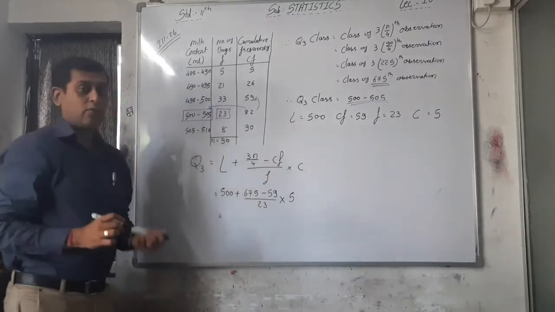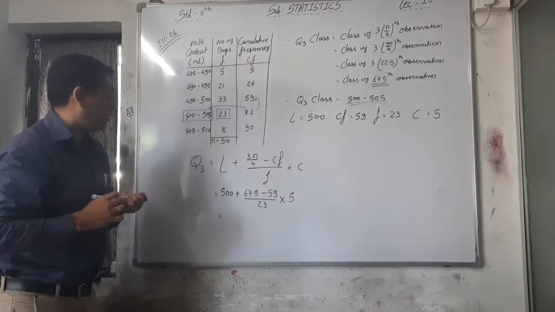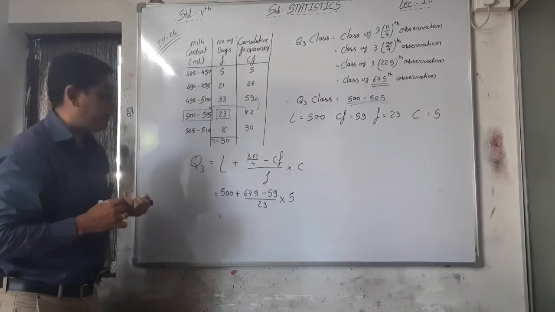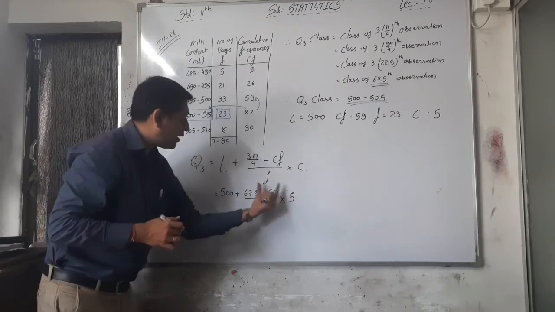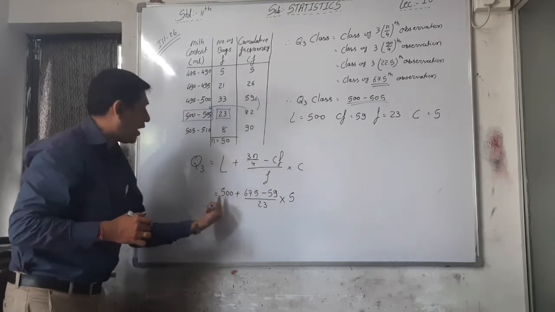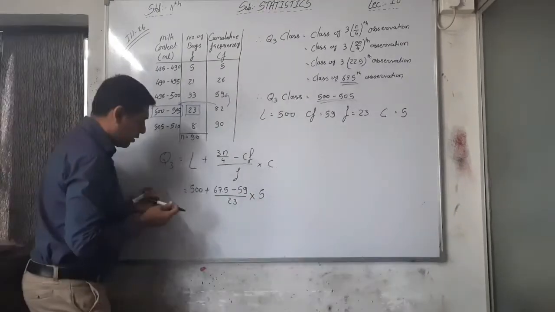So you have to apply the BODMAS rule. First subtract, multiply and divide, and then add to 500.